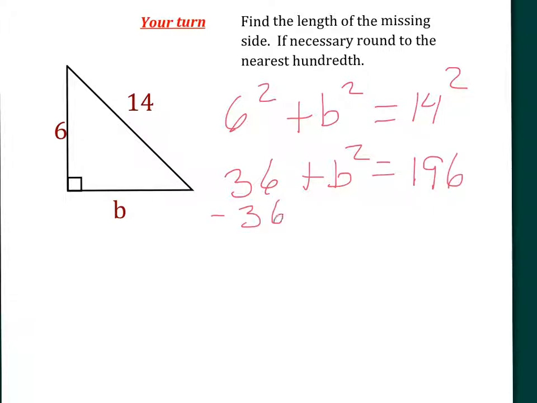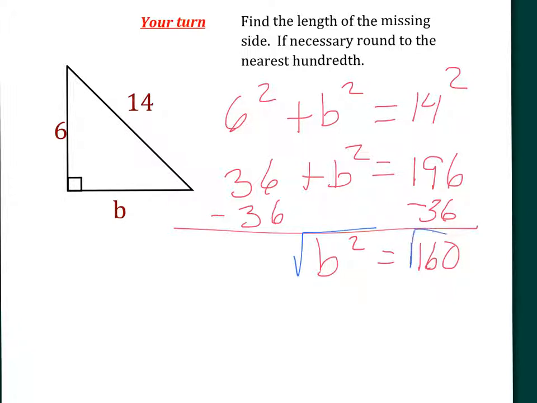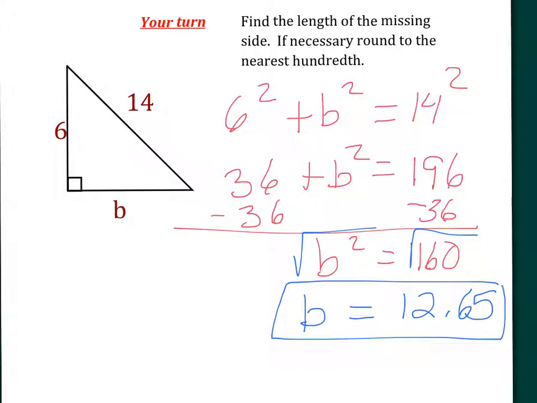Subtract 36 from both sides, and we get b to the second equals 160. Go ahead and take the square root of 160 and you get 12.65. So we have b equals 12.65. Again, on the calculator it said 12.649, but we're rounding to the nearest hundredth.